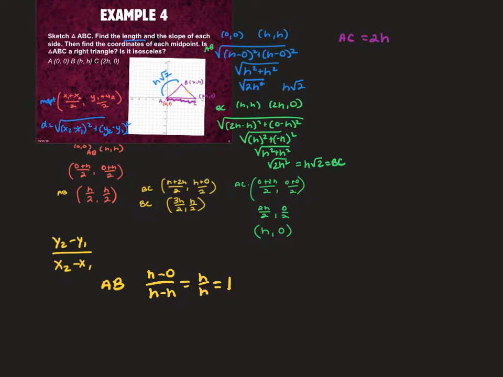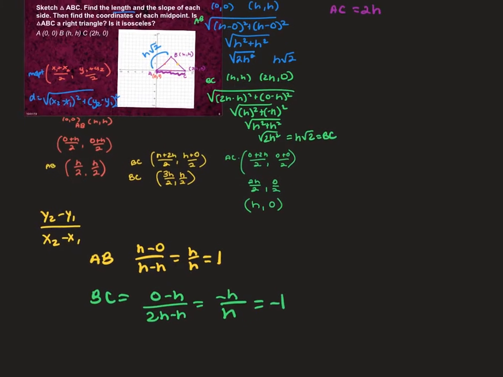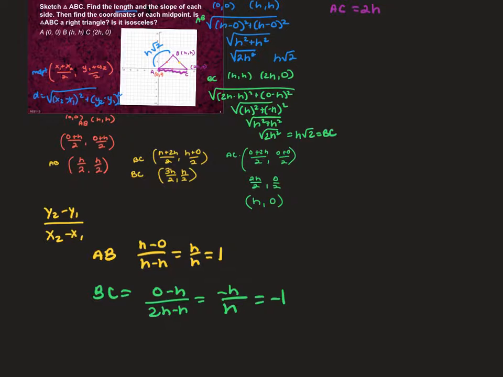The slope of BC is 0 minus H over 2H minus H, negative H over H, which is negative 1. And AC, which is horizontal, is 0. Again, you can find it using 0 minus 0 over 2H minus 0, 0 over 2H, which is still 0.